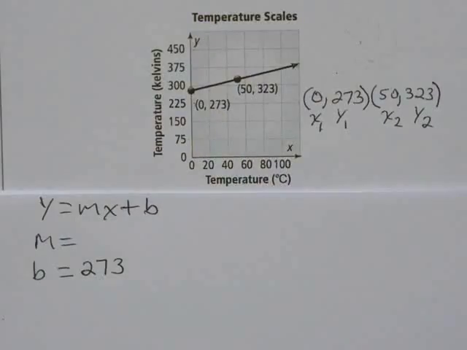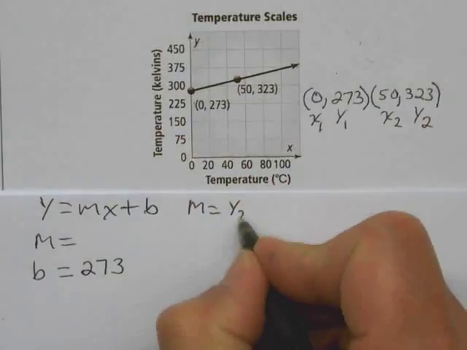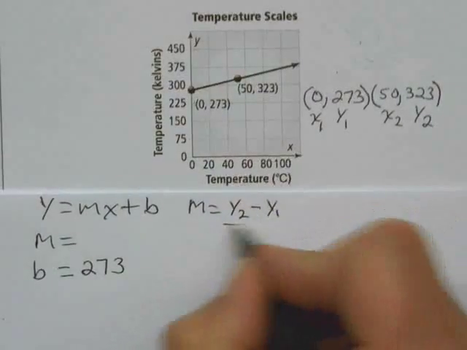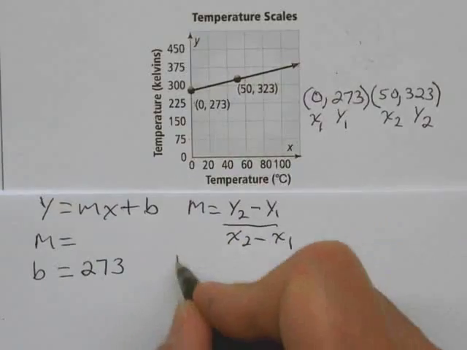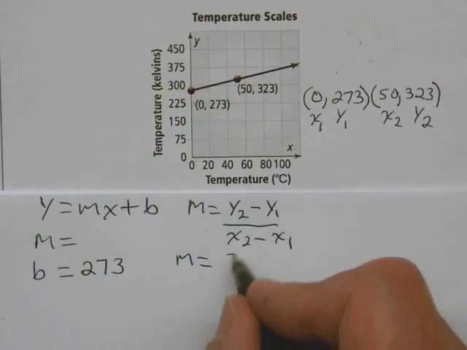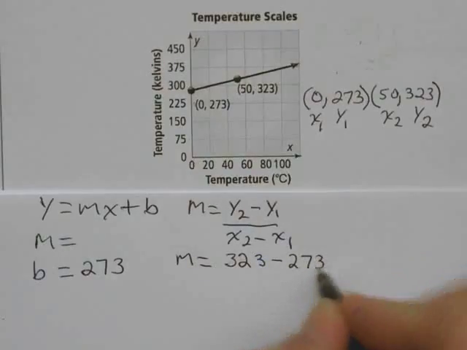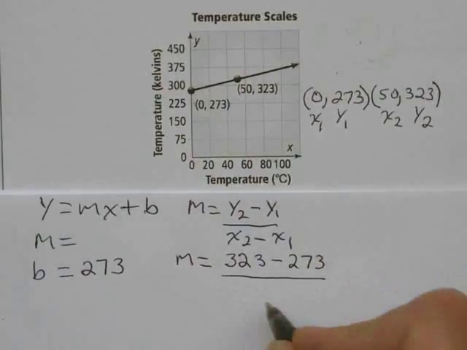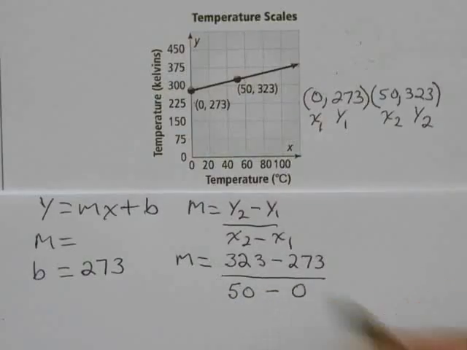All right, so let's plug in the slope formula here and see if we can find the slope of this line. M, of course, is going to equal y2 minus y1 over x2 minus x1. And m will then equal 323 minus 273 all over 50 minus 0.